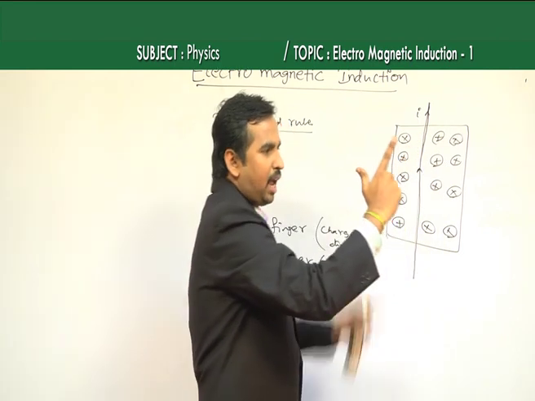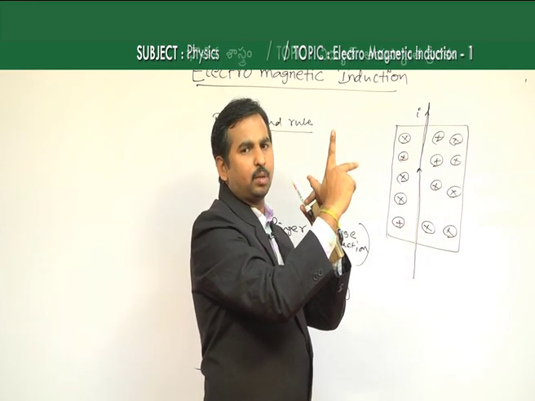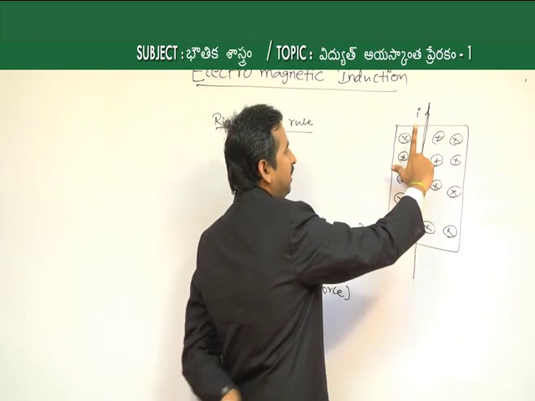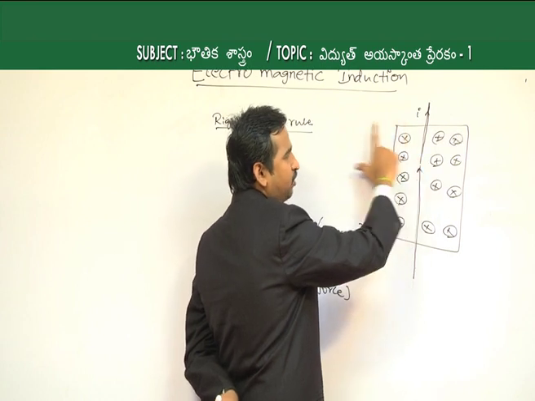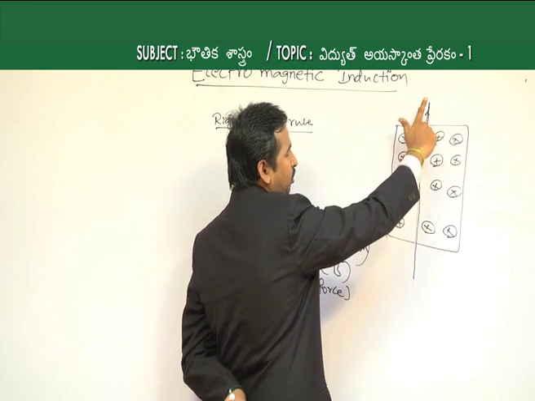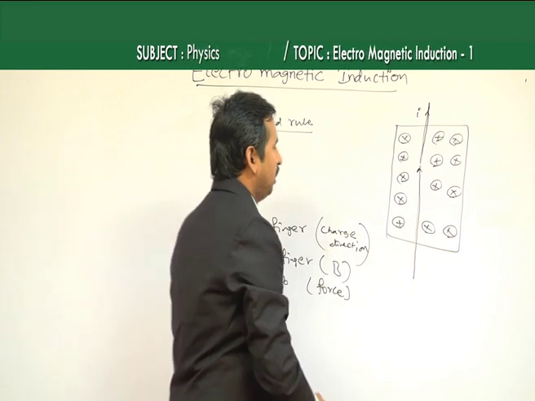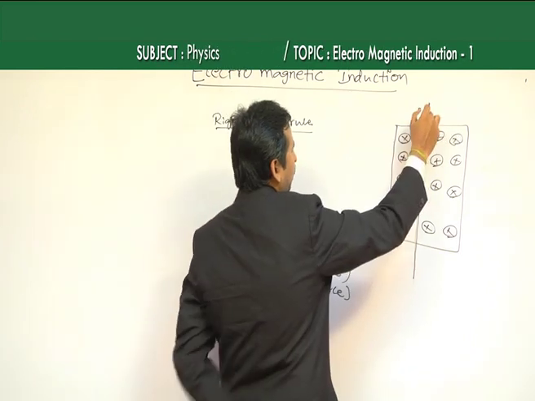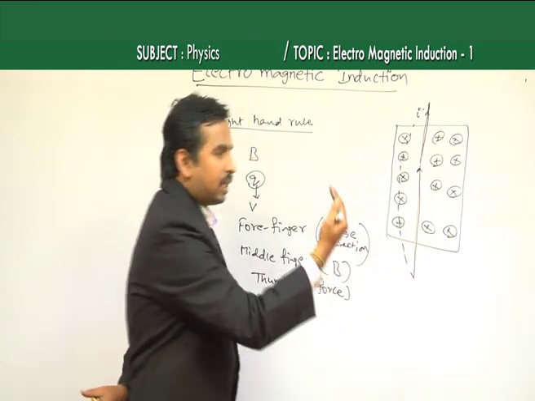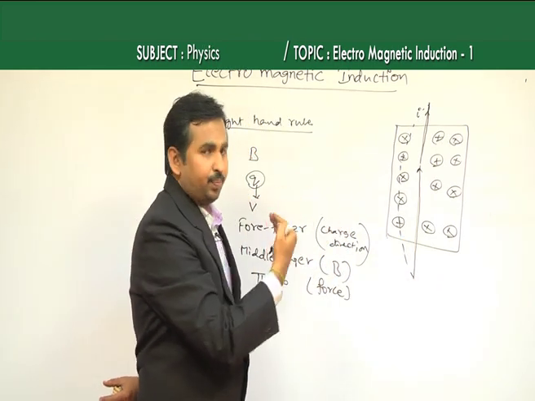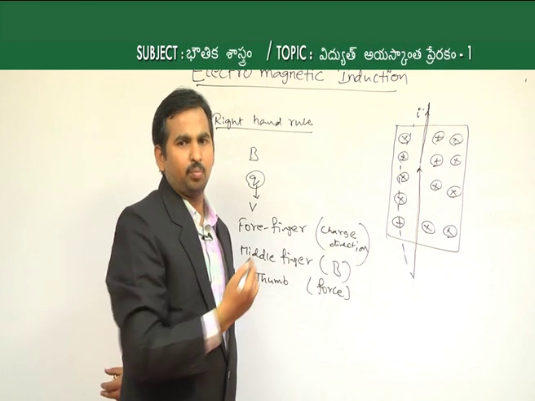So the thumb represents the force, and in this case the force is acting to my left side, in this direction. So the current carrying wire bends towards me when you place it in the into-the-plane field.